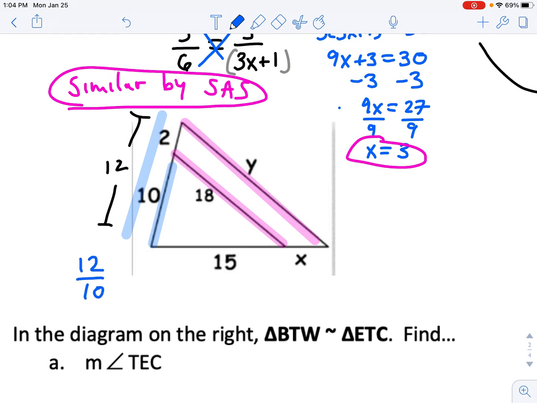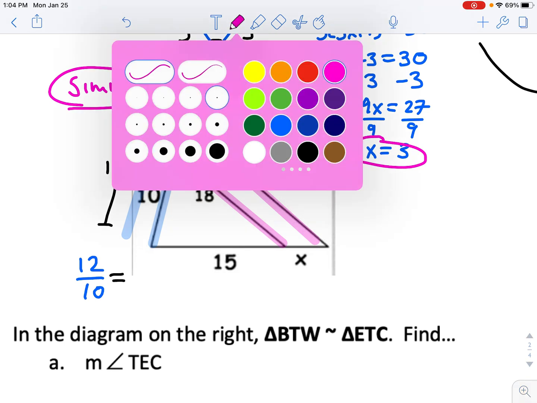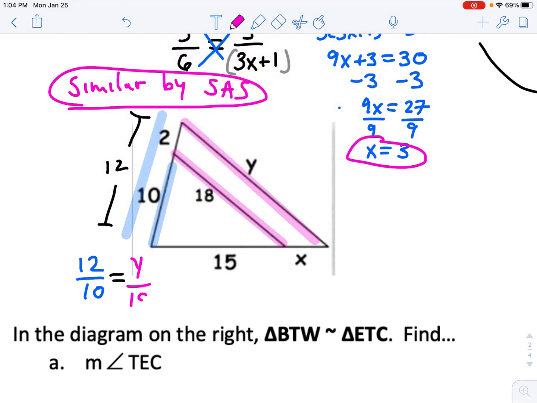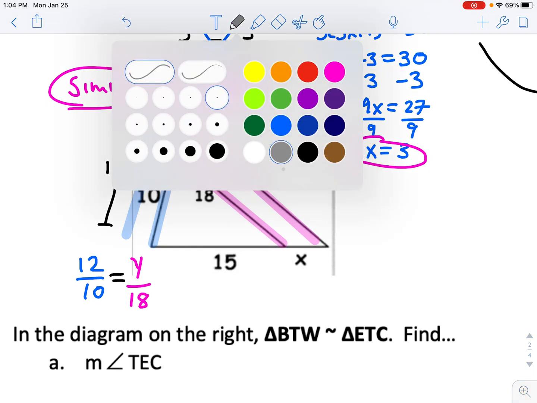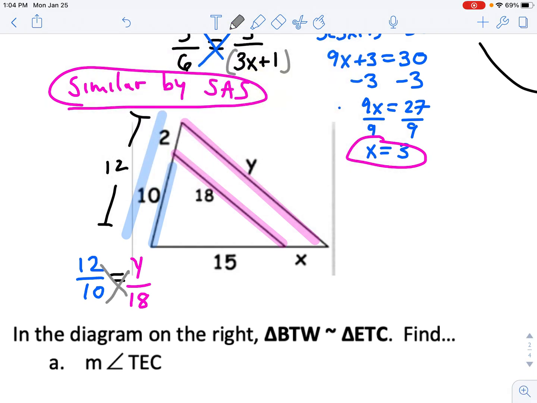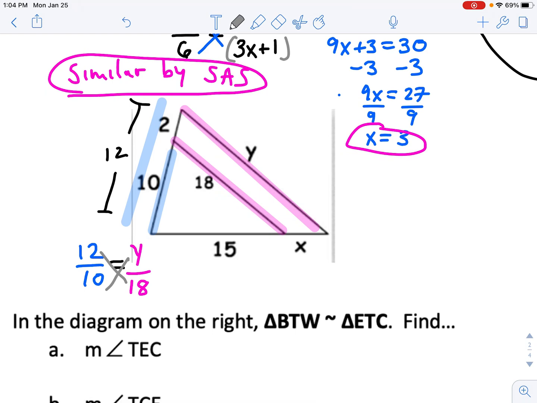So what I can say is, well, 12 relates to 10, and 12 is the longer length, 10 is the smaller length. Well, y is longer than 18, so y will be on top over 18. And then from here, just cross multiply. What's 12 times 18, you wonder? 216, so 10y equals 216, divide both sides by 10, and y equals 21.6.